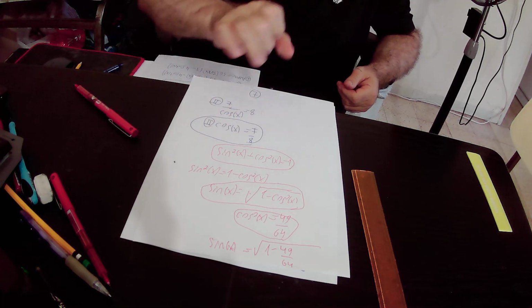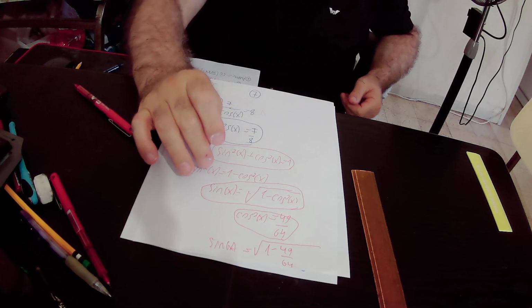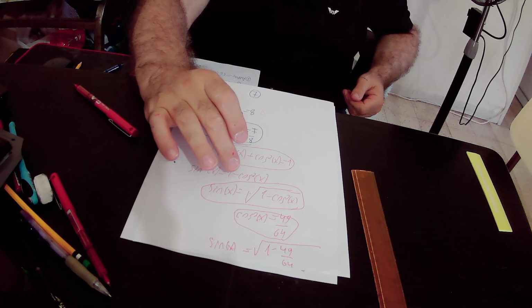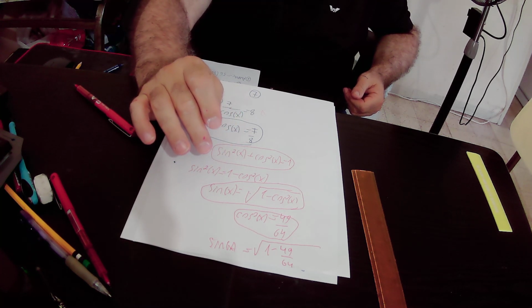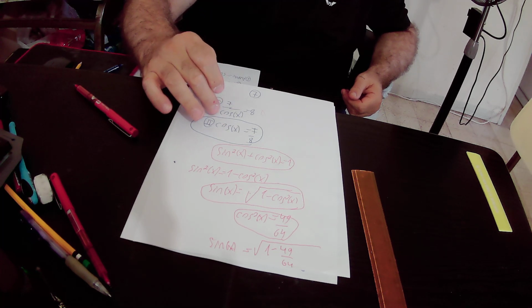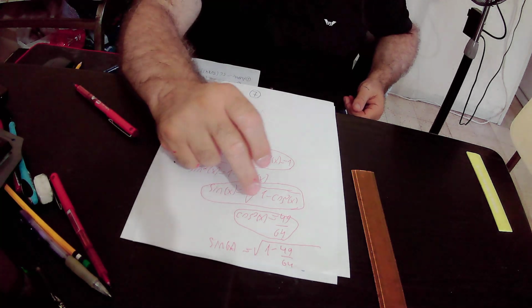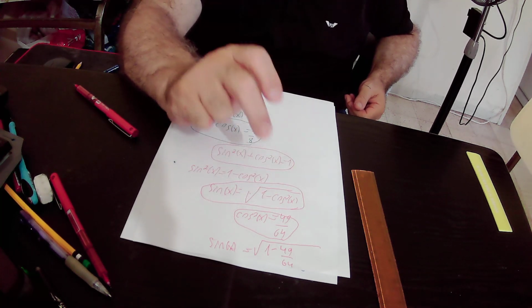From this identity, we will get that sine x equals the root of 1 minus cosine square x, and we know that cosine x equals 7 over 8, so if we square this equality, we will get that cosine square x will be equal to 49 over 64.